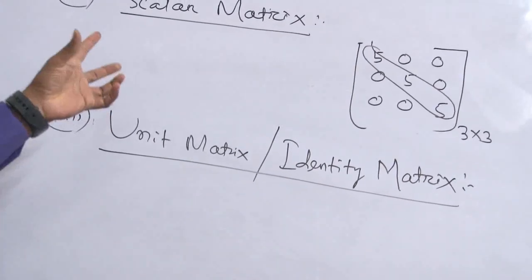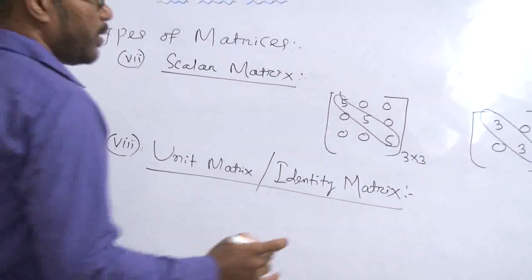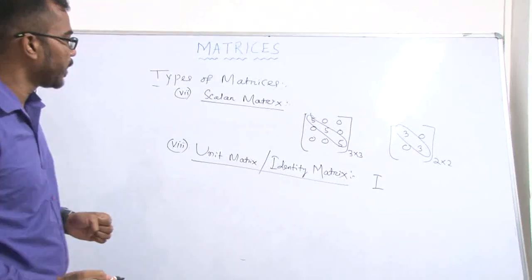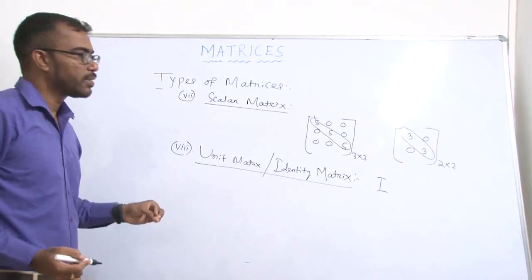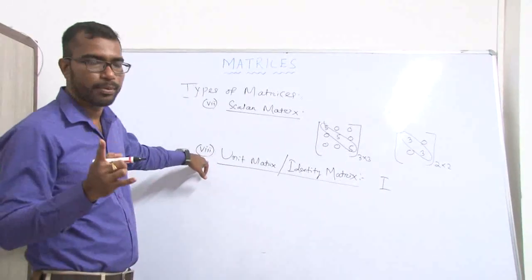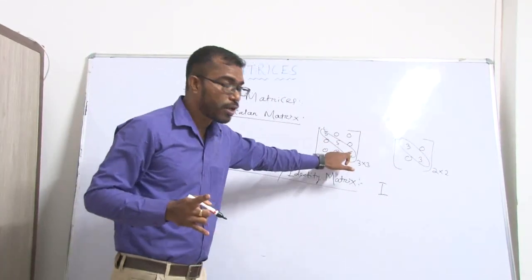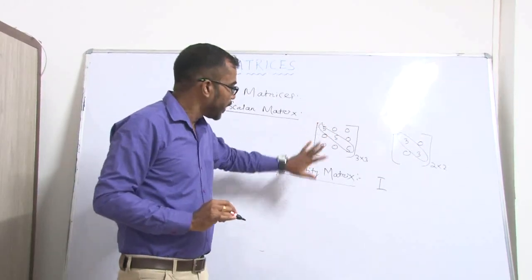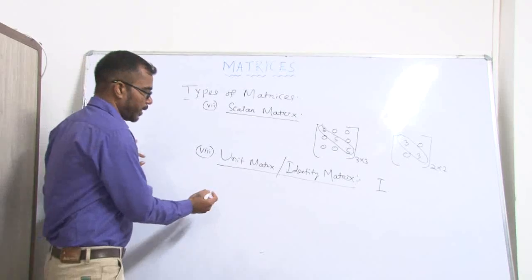Unit matrix or identity matrix is denoted by capital I. Unit matrix means a scalar matrix is said to be a unit matrix if its diagonal elements are all 1. So it is a unit matrix.